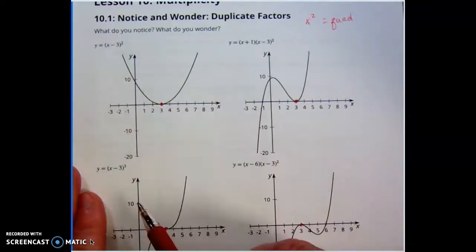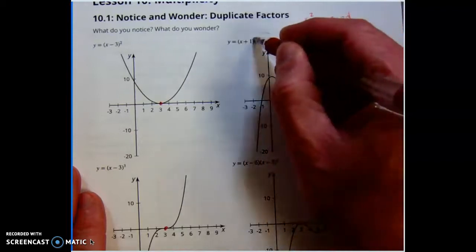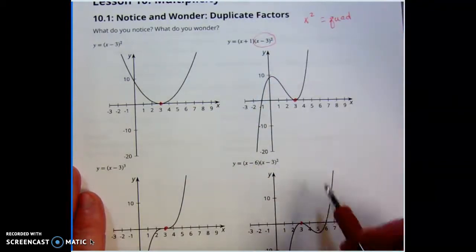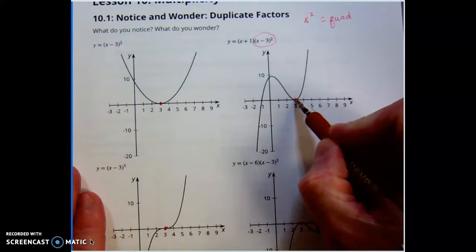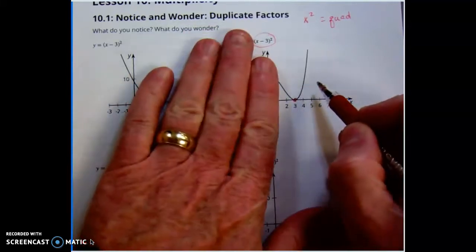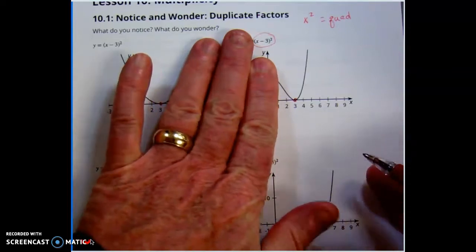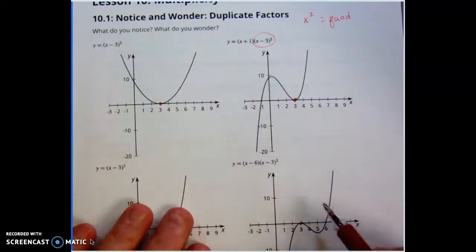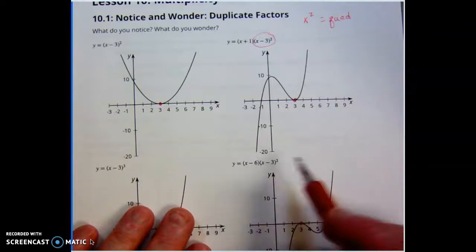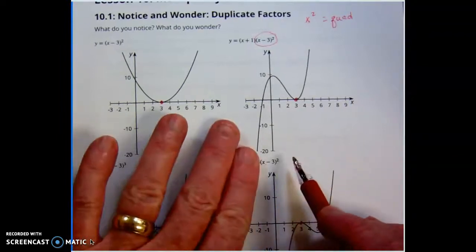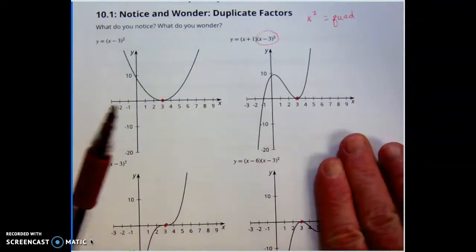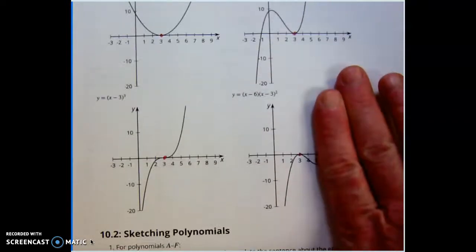Notice this part of that one at x equals 3. I'm just going to cover that up. That looks a lot like a quadratic. If I look at this one down here, at x equals 3, again, that looks a lot like a quadratic.